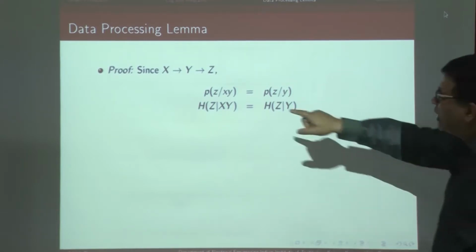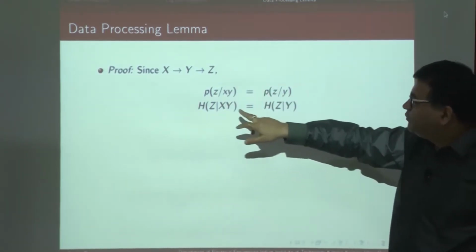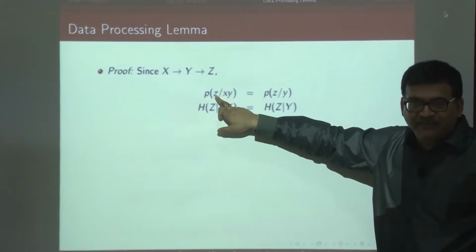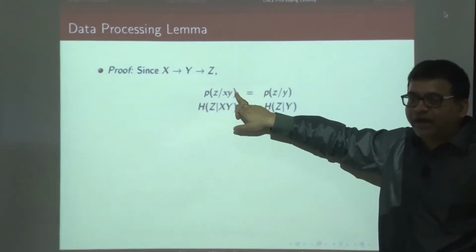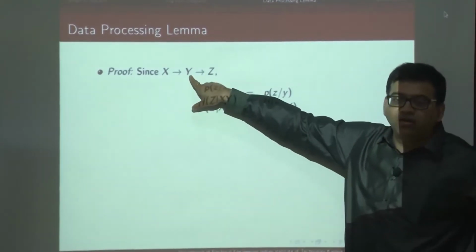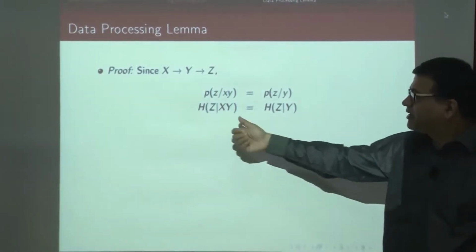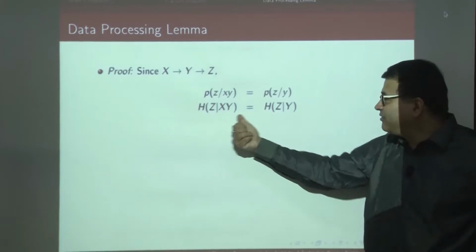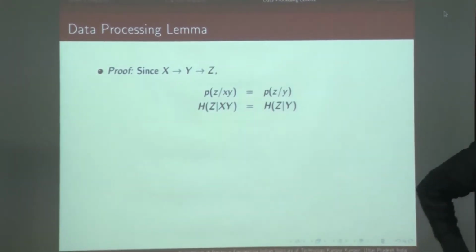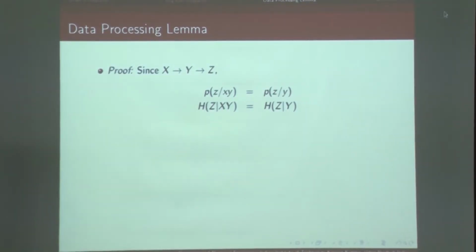So when x, y and z form a Markov chain, we know that probability of z given x and y will only depend on y. In terms of entropy, we can write entropy of z given x, y will be entropy of z given y.